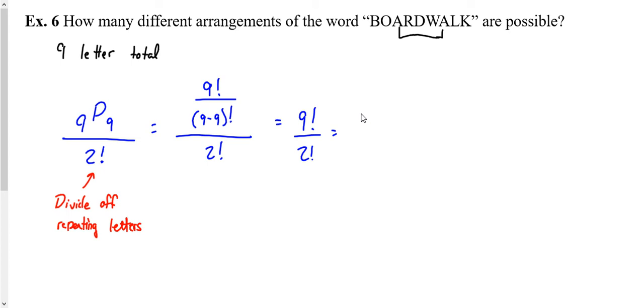This here is 362,880, all divided by 2. And that brings you to a total of 181,440. So that's how many different arrangements of the word boardwalk with the 2 repeating letters are possible.